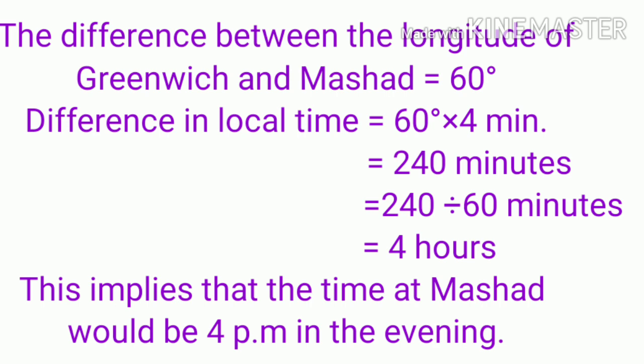Difference in local time is equal to 60 multiplied by 4 minutes, which is equal to 240 minutes. Now 240 divided by 60 minutes is equal to 4 hours. This implies that the time at Mashhad would be 4 o'clock in the evening.